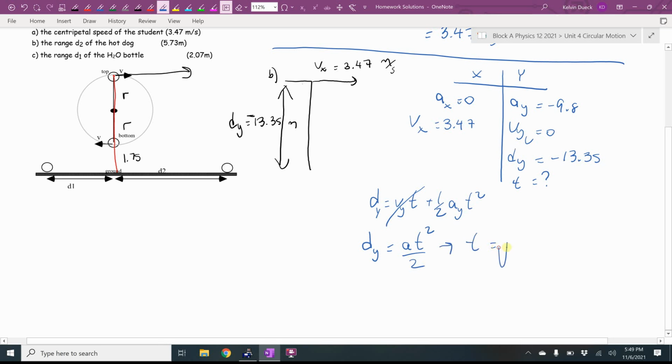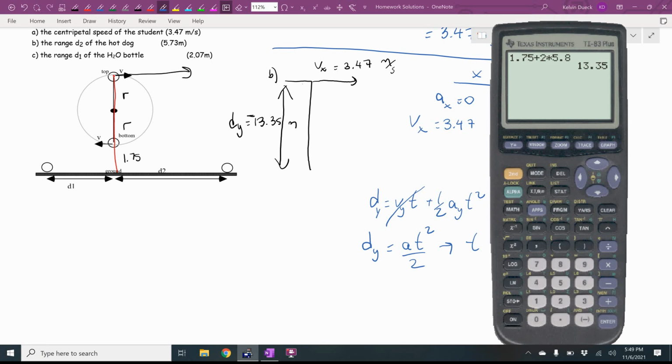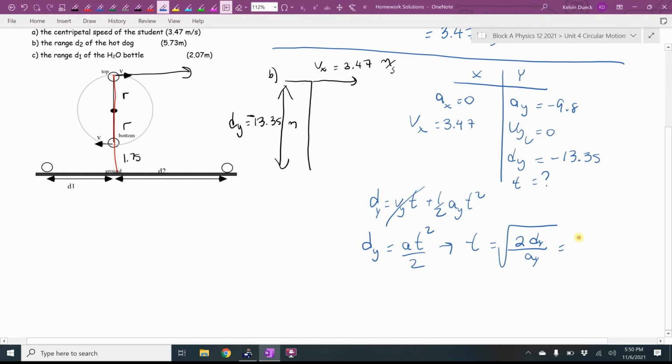T is going to be the square root of 2 times d over a, where all of these are vertical. Oh, I accidentally deleted the fraction bar. So it's going to be 2 times negative 13.35 divided by negative 9.8, square root of that. And I get 1.65 seconds.